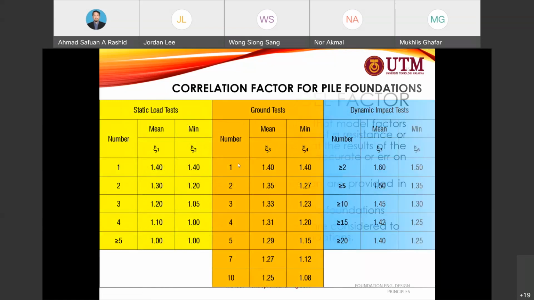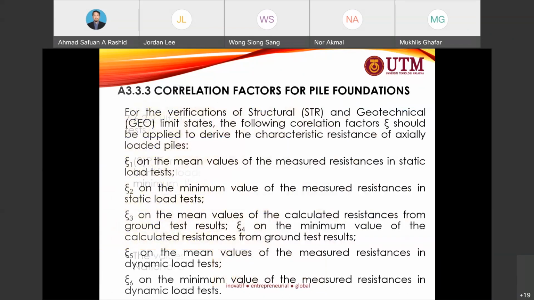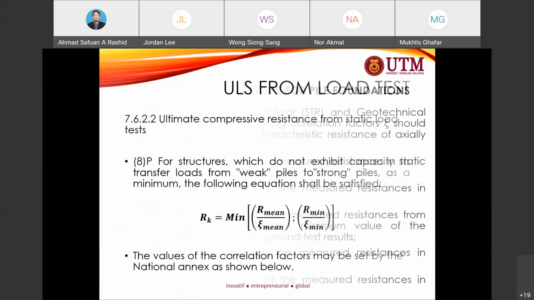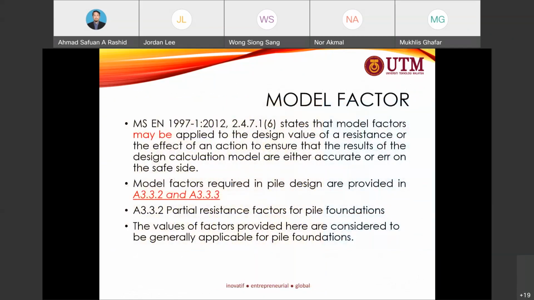Once we have the result, for example for the R, what we call Rd, Rk, then we need to divide Rk with the model factor. So the model factor will be used to get the value for Rd later on.